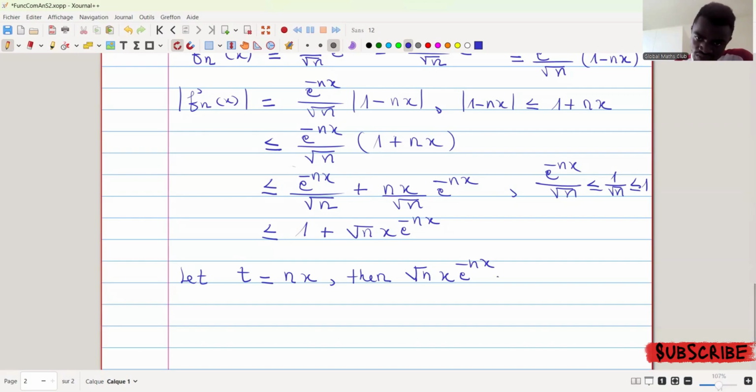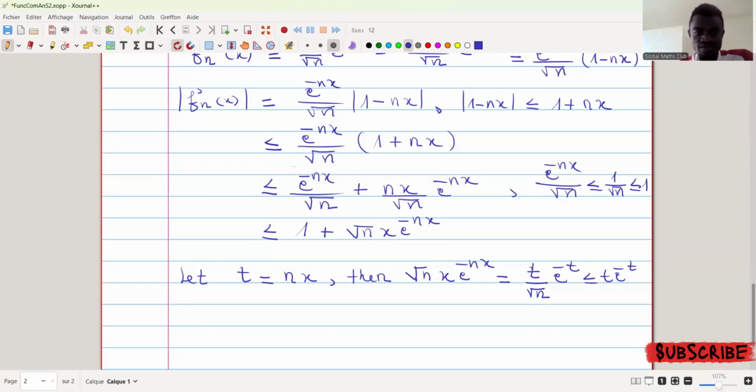If you replace nx by t, you're going to have here t to the power square root of n times exponential minus 1, and this is less than t exponential minus 1, since 1 over square root of n is less than 1, so you just have t exponential. Now t equal to nx, n is positive, x is positive, so it means that t is positive.